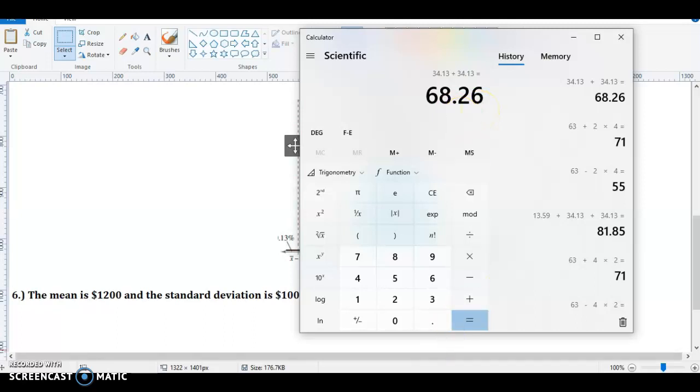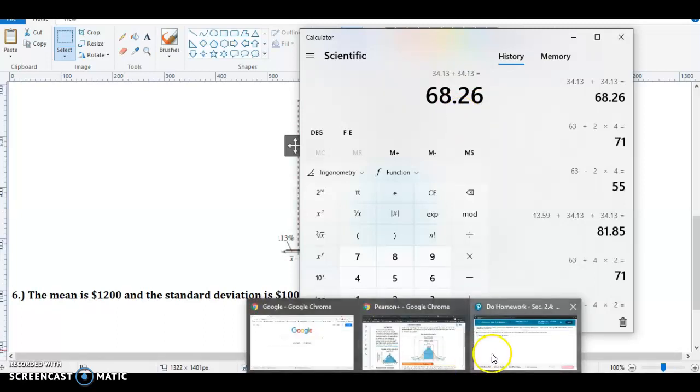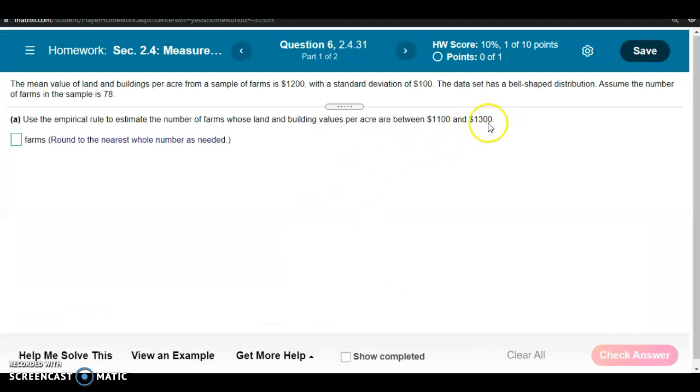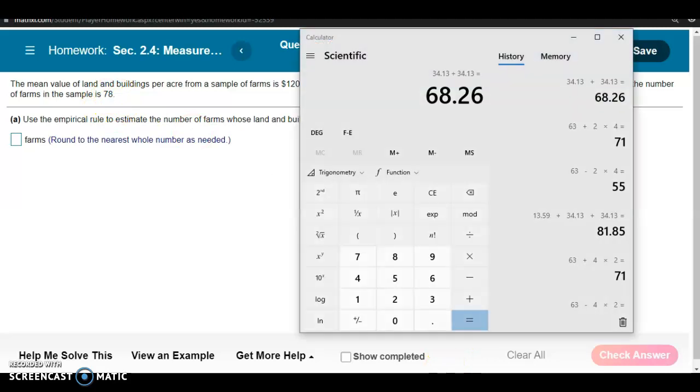So to get the number of farms between these two values, we're going to take 68% and multiply by the number in our sample, 78. So we're going to take 68.26% of 78. Well, how do we do that? We need to convert the percentage into a decimal.